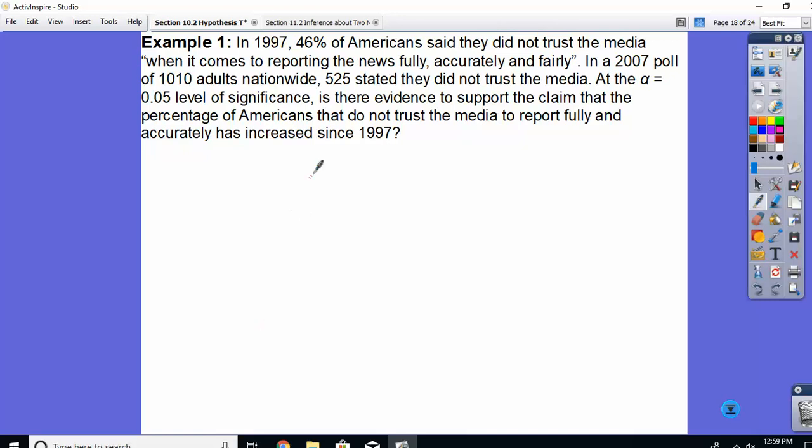Okay, we should check our criteria here, because did it tell me that this is normal? No, so let's do a quick check that n times p times 1 minus p is greater than or equal to 10. My n, how many people did we talk to? 1,010. The p is the assumption, what we started with. So we are talking about the original, so the 0.46.